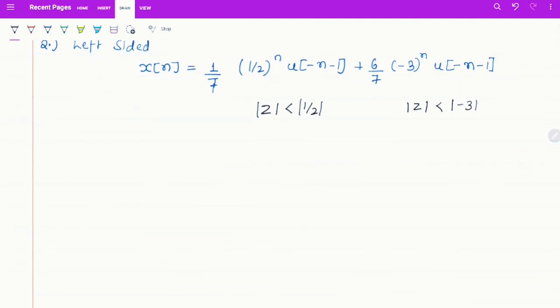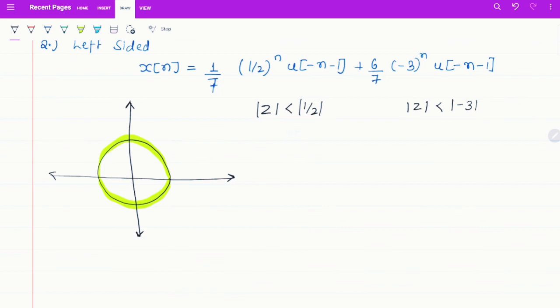Now, how to draw the ROC? This is the unit circle. Now mod of z is less than 1 by 2, so the ROC should be inside the circle, and this is 1 by 2. And mod of z is less than minus 3, so this is 3.